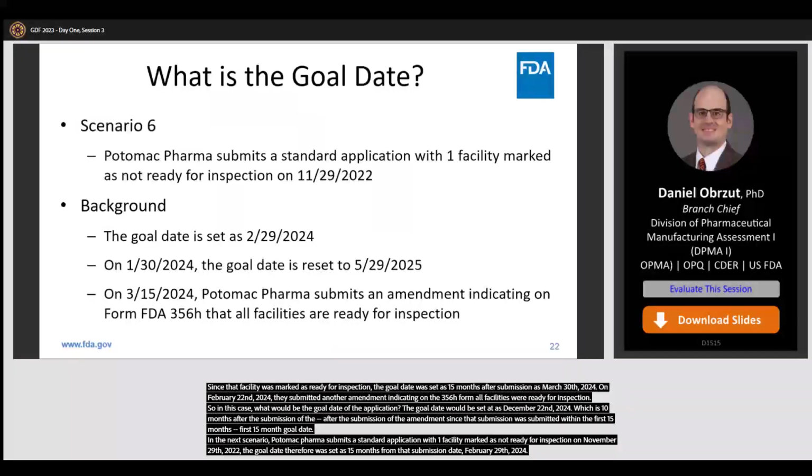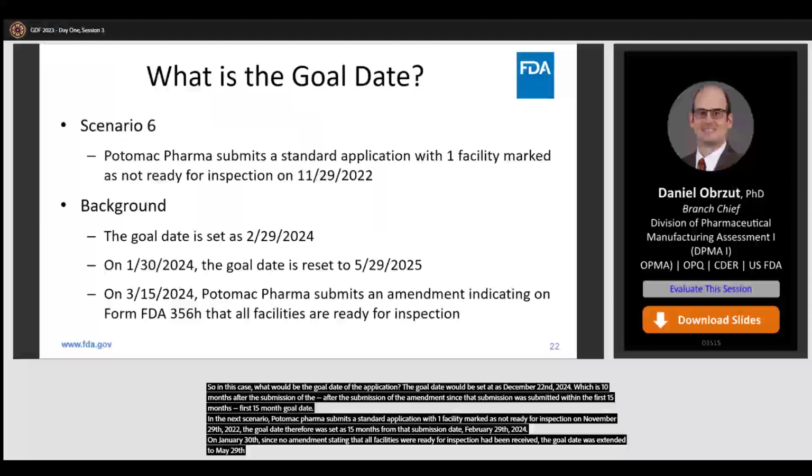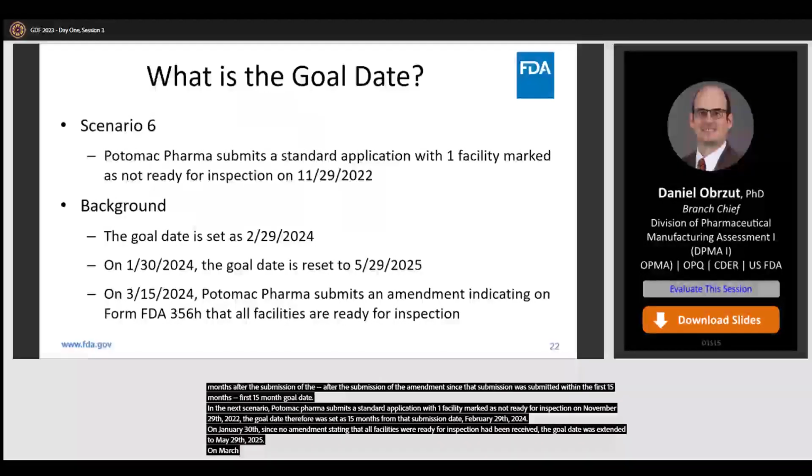On January 30th, since no amendment stating that all facilities were ready for inspection had been received, the goal date was extended to May 29th, 2025. On March 15th, 2024, Potomac Pharma submitted an amendment indicating on the 356H form that all facilities are ready for inspection. In this case, what would be the goal date?